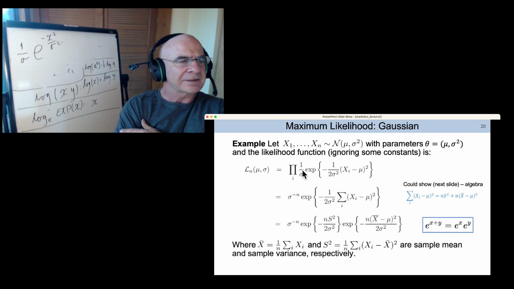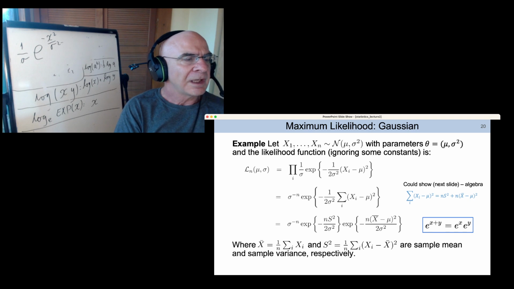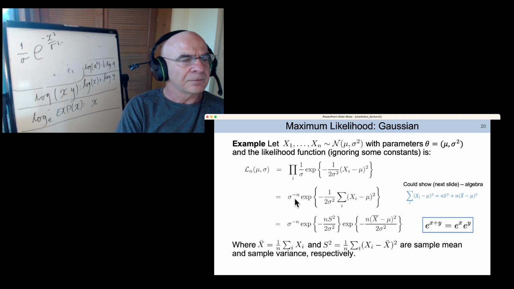It's just the product of the individual probabilities, which is what you see over here, which I can write down as, let's collect the 1 over sigma squared. Maybe I want to double check it.